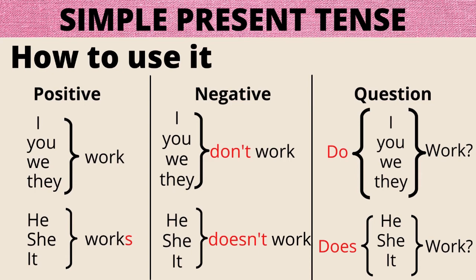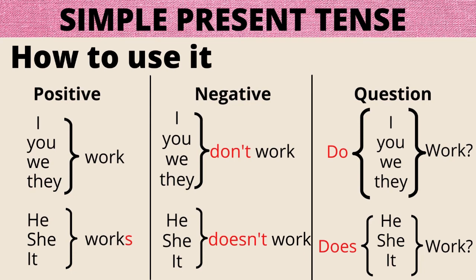The other pattern is the he, she, or it subject pattern. Here we use doesn't, so doesn't is the reduced form of does not. So we can say he doesn't, she doesn't, or it doesn't, plus infinitive verb. No change here.